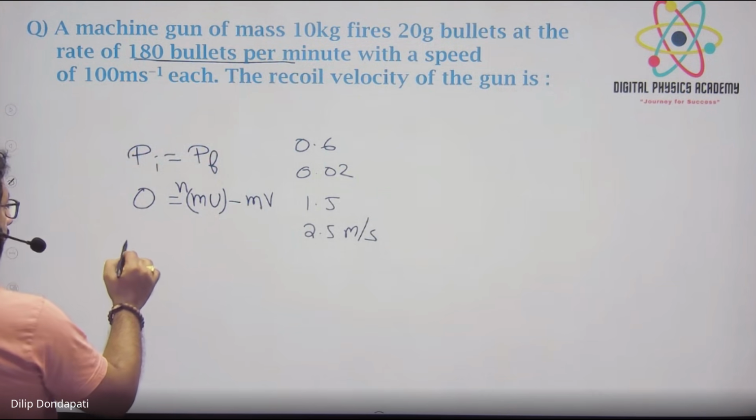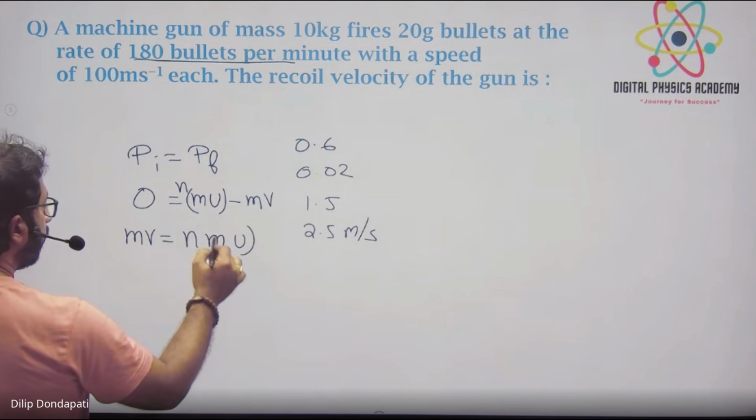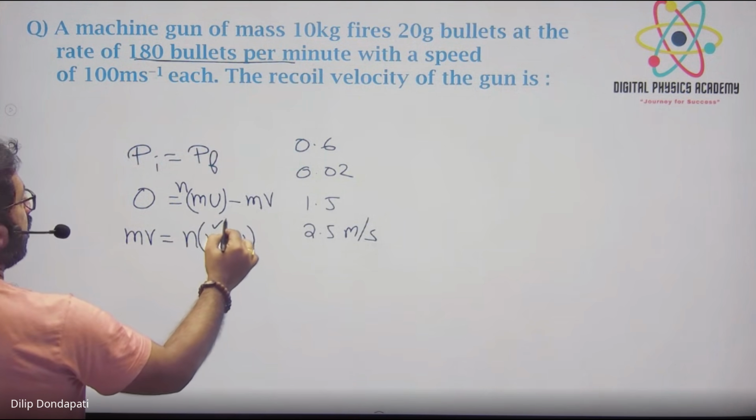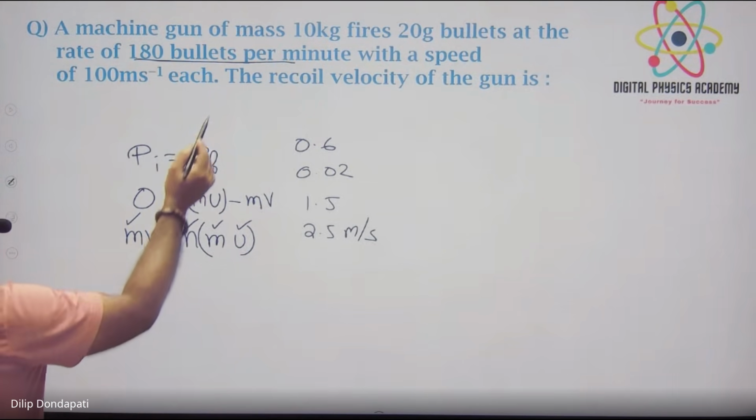So therefore MV is equal to n times mu. Now substitute. The mass of the bullet is given, the initial velocity is given, n is 3, and the mass of the gun is also given, 10 kg. Find v.